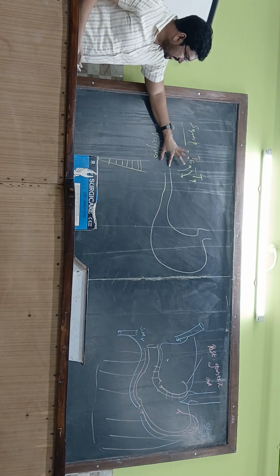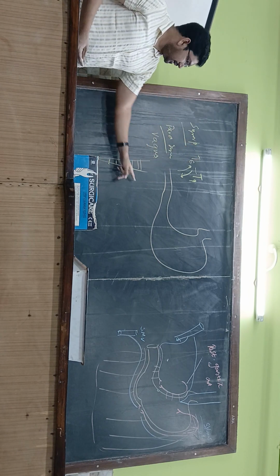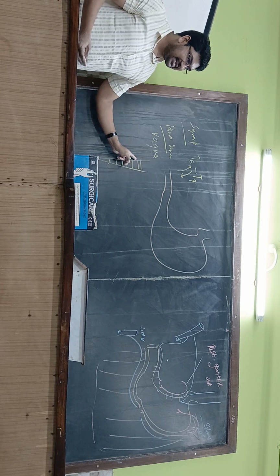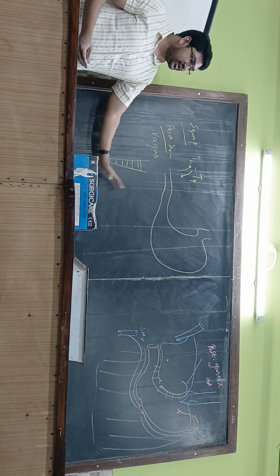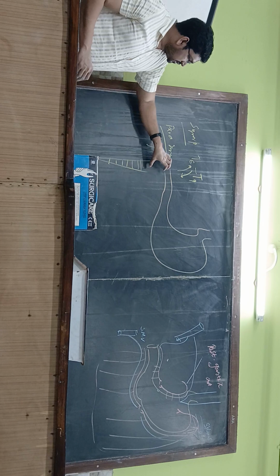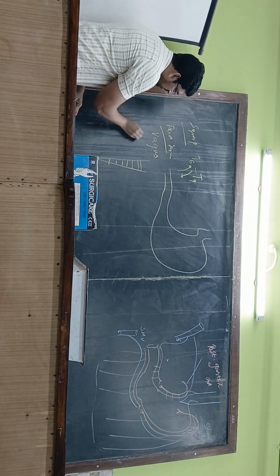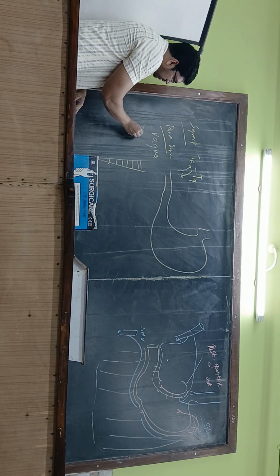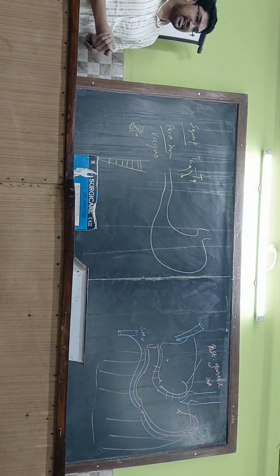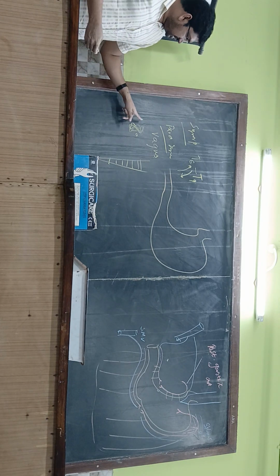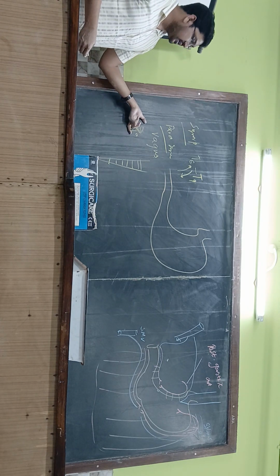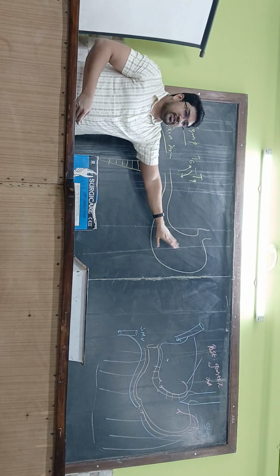The greater splanchnic nerves will be entering into the abdomen, and that will be forming the celiac plexus, and then further followed by the superior mesenteric plexus. So the celiac plexus means the plexus of nerves around the celiac artery or celiac trunk. This celiac plexus will be giving rise to the nerve supply for the stomach.